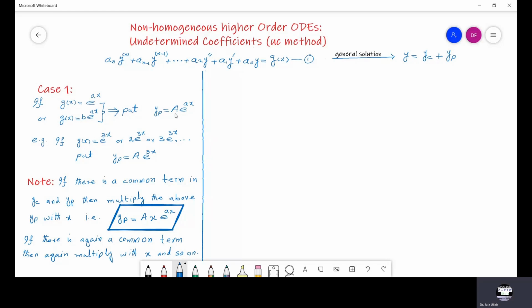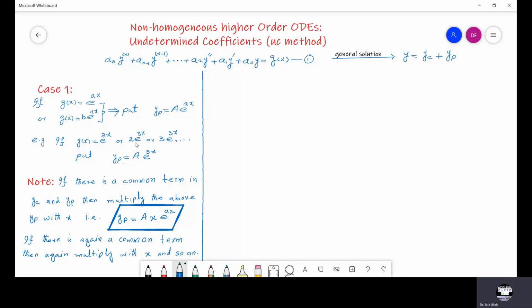Once we get the value of a, we shall put the value of a here, and that will be our required solution. If g of x is equal to b e power x, b is any real number, again we shall use the same substitution. Yp will be equal to a e power ax. Let us see an example. If g of x is equal to e power 3x, then put yp is equal to a e power 3x.